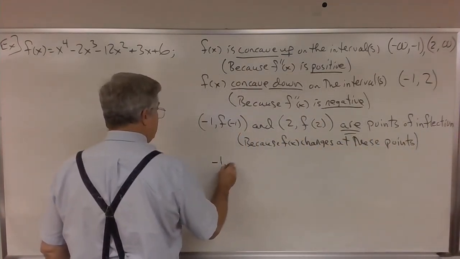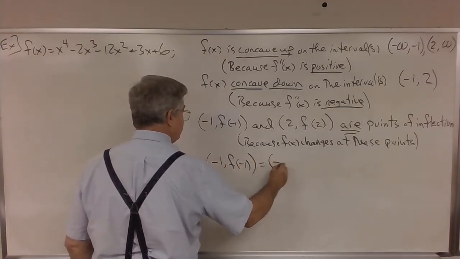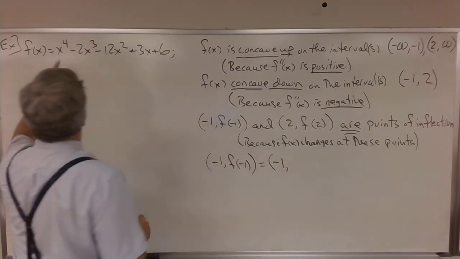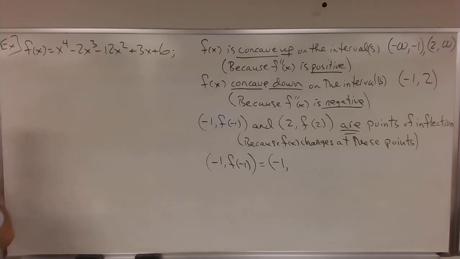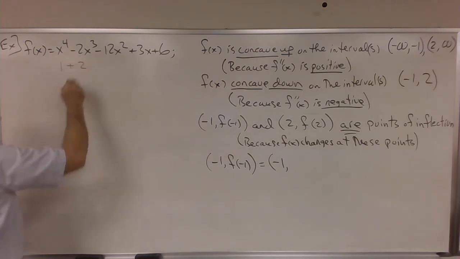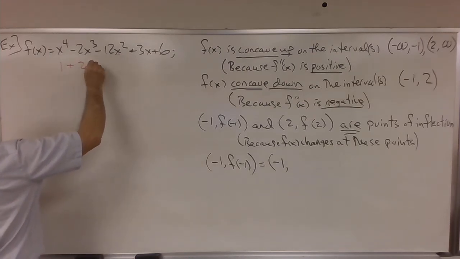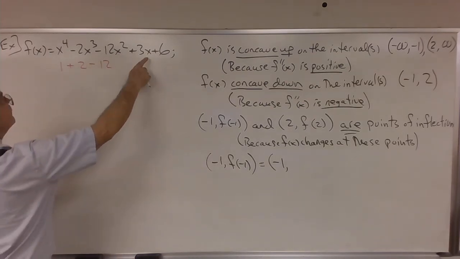So negative 1, f of negative 1, and I should give the y coordinate here. If I plug negative 1 into the original function, negative 1 to the 4th is 1. Negative 1 cubed is negative 1 times negative 2 is plus 2. Negative 1 squared is 1 times negative 12 is negative 12.